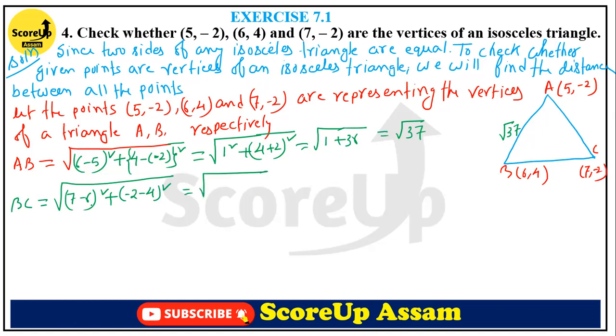That is 1 square plus minus 6 whole square, so 1 plus 36, which is 37. So BC is also root over 37. That means two sides are equal: AB is equal to BC.